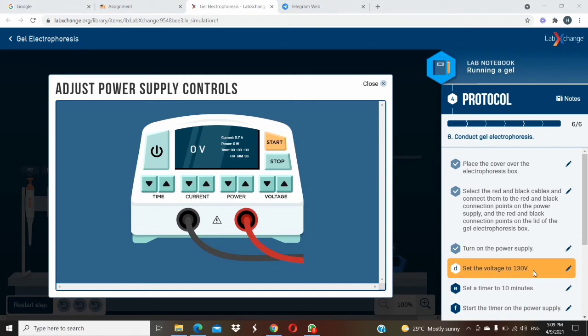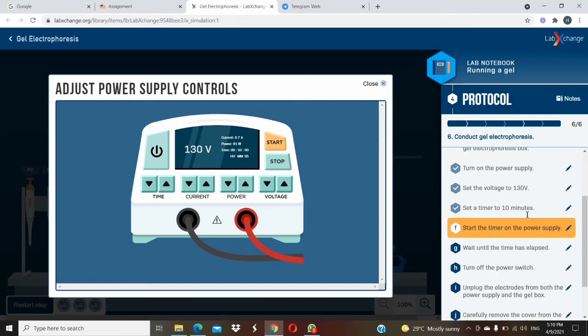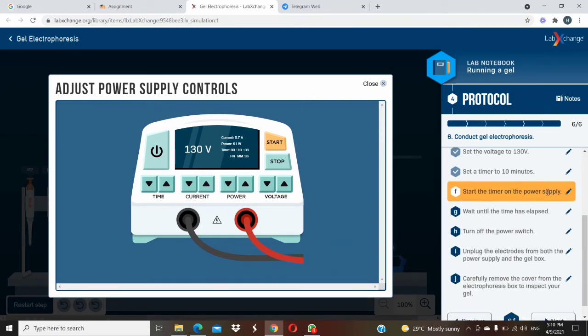Then set the voltage to 130 volts. So it should be 130. Then set a timer for 10 minutes and start the timer on the power supply. Let's wait the 10 minutes.